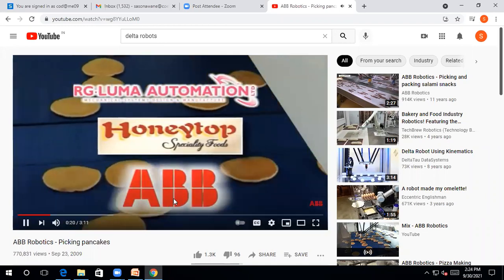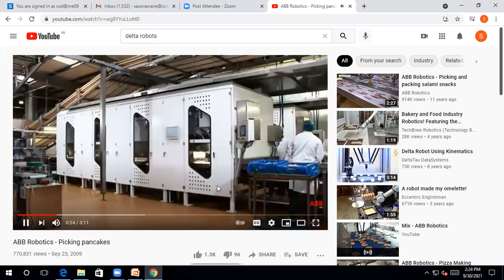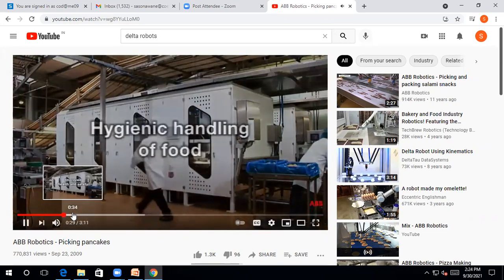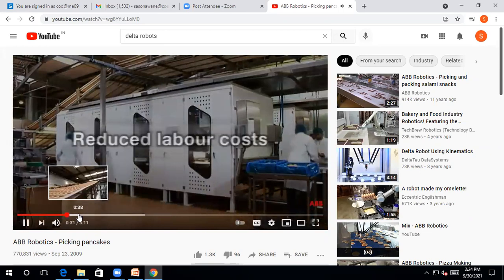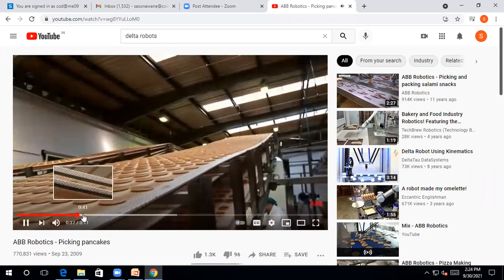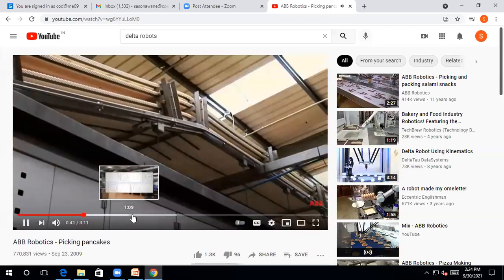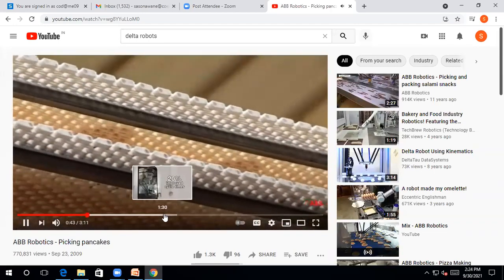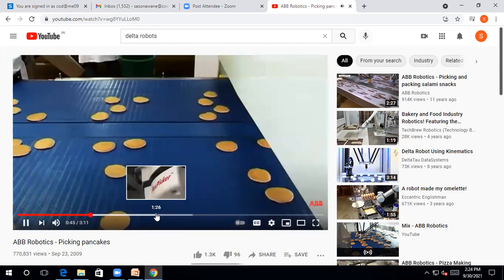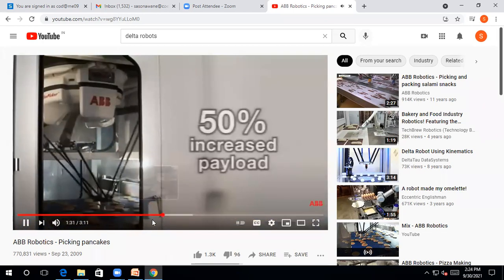ABB is the robotic manufacturing company from Sweden. Here inside Delta robots are there. Reduced labor cost, improved health and safety. See how these Delta robots are working.